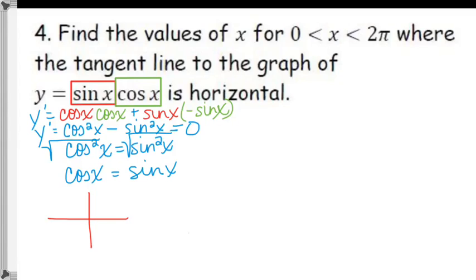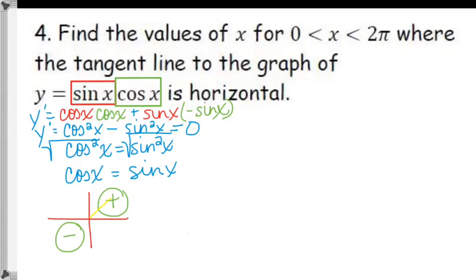So if you want to think about your unit circle, in what two quadrants do both sine and cosine have the same sign? If you notice, in the first quadrant, they're both positive. In the third quadrant, they're both negative. And so at what angle does cosine equal sine?